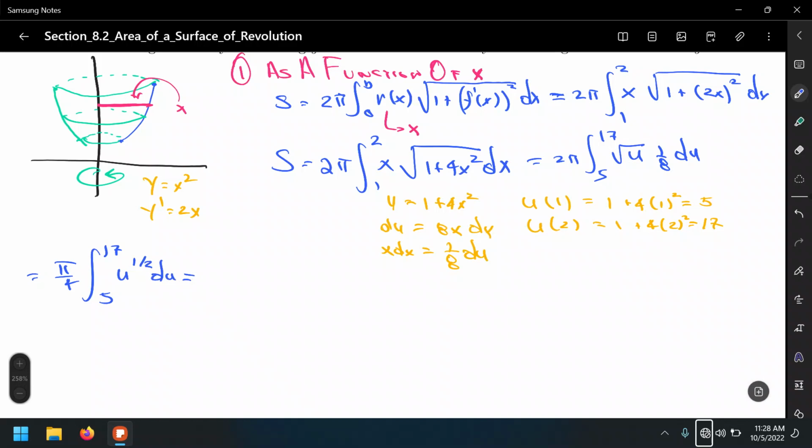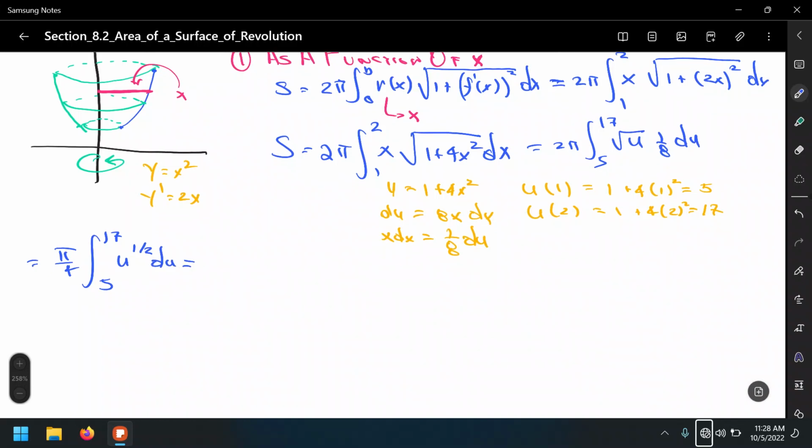So let's go about the integration here. Let me actually put a box to this integral for a second. I'll tell you why later. Alright, so let's integrate pi over 4, integral from 5 to 17. Oh wait, no more integral.